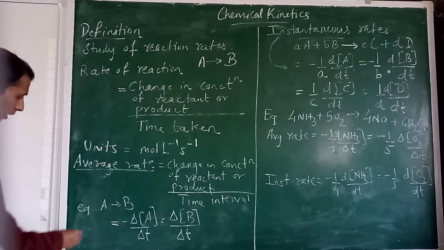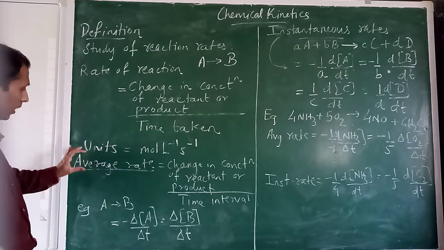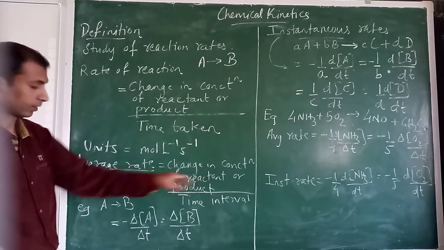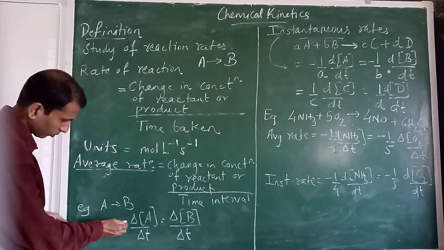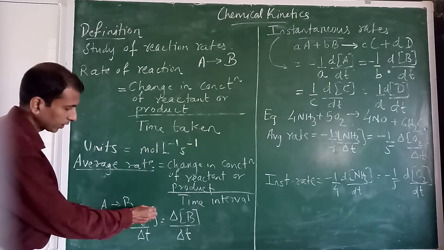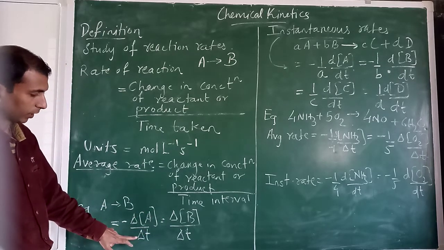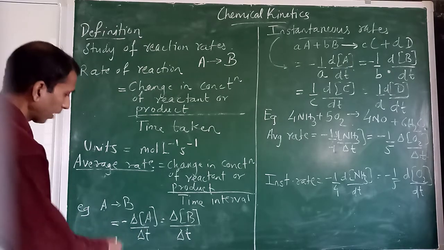Again, we have written a general reaction here: A gives B. So how can we write the average rate for this reaction? Change in the concentration of the reactant. Reactant here is A, and minus sign. So change means delta and concentration means square bracket of reactant A, divided by time interval delta T. And why minus sign here?